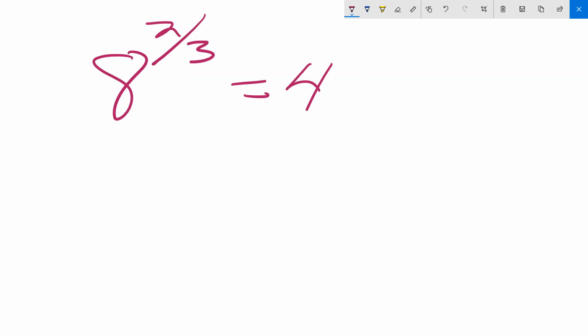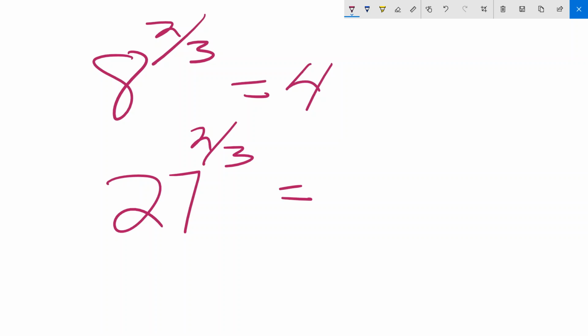Okay. Give you another one. Notice that if we squared this first, we got a big giant number. I don't even know what it is. But if we take the cube root first, it was just 3, and then square it, which is 9. So always do the root first when you have a fractional exponent.